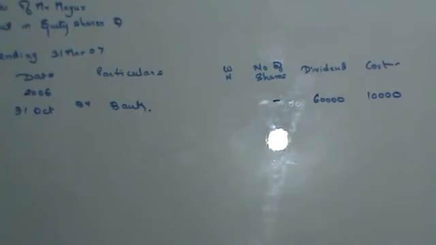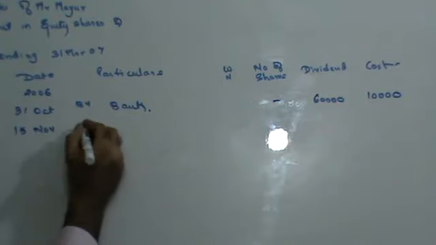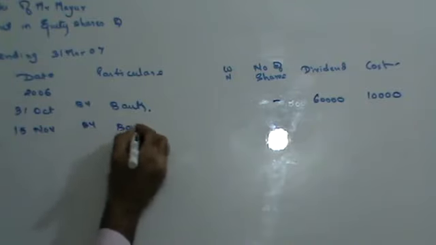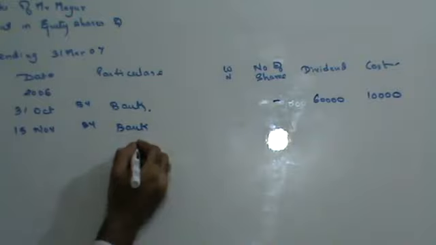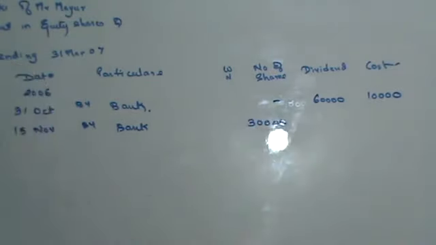On 15th November, Mayur sold 30,000 shares at a premium of 5 per share. He sold on 15th November. Debit what comes in, credit what goes out. He sold 30,000 equity shares. Now, at what price did he sell them?